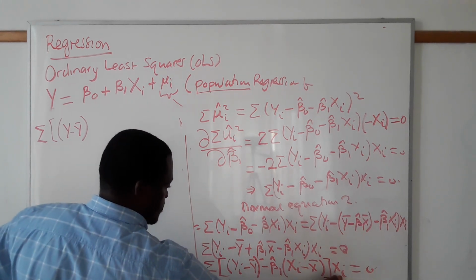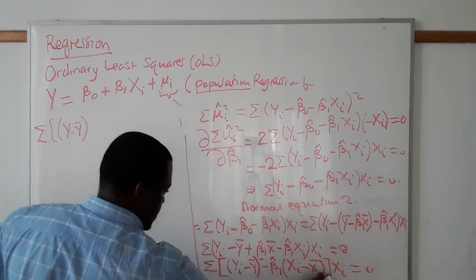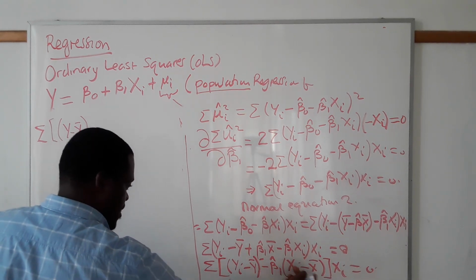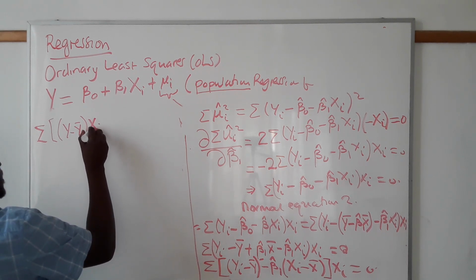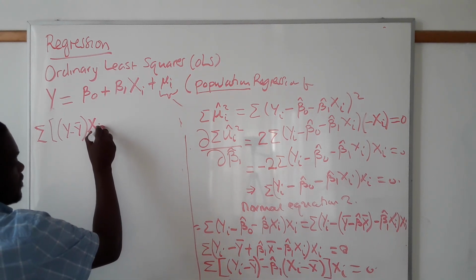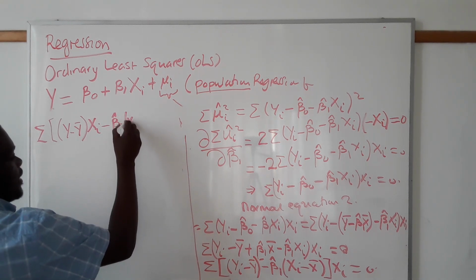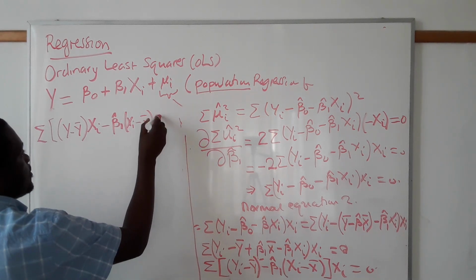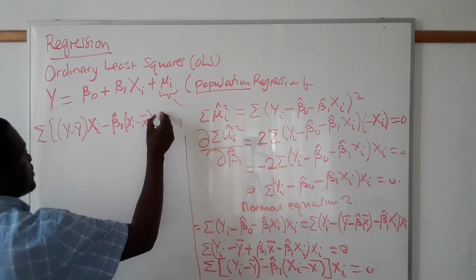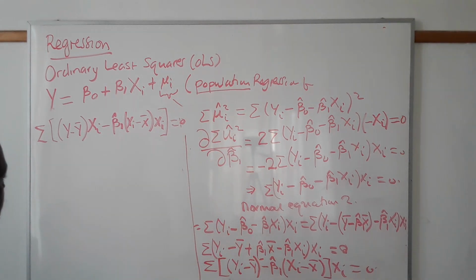If we expand this bracket, bringing xi to multiply all the components, we will have xi, then minus beta hat 1 times xi minus x bar by xi, equal to 0.